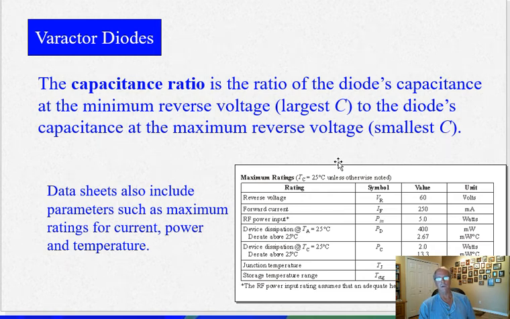There's capacitance ratio, which is capacitance versus reverse voltage. But there's some other things here. This is power numbers, maximum forward current, maximum reverse voltage, and things like that.